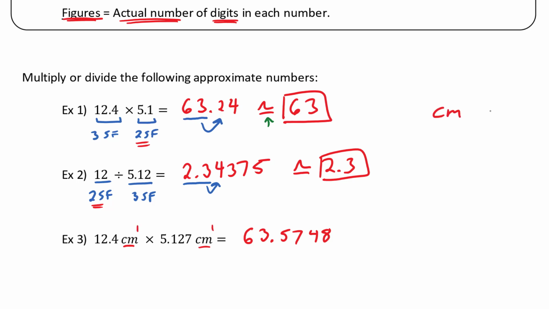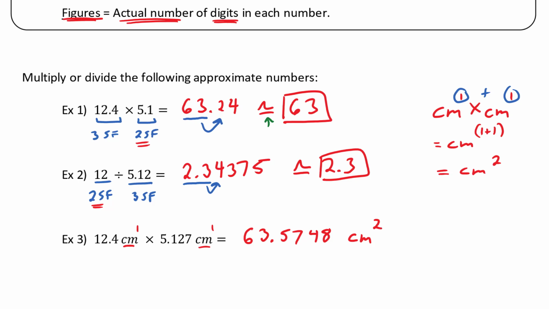If I have the same base and I'm multiplying, what do I do? I add those exponents. So this becomes centimeters to the 1 plus 1, giving me centimeters squared. So that's where centimeters squared comes from. We can use our exponent laws on our units.